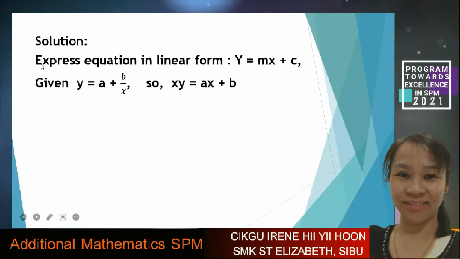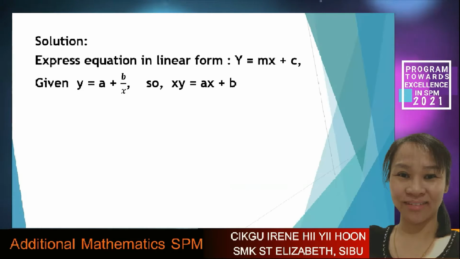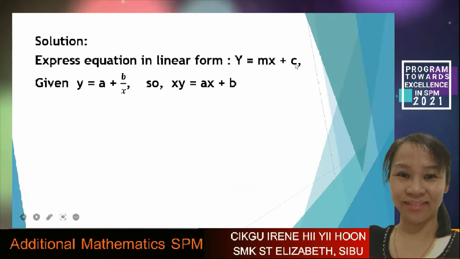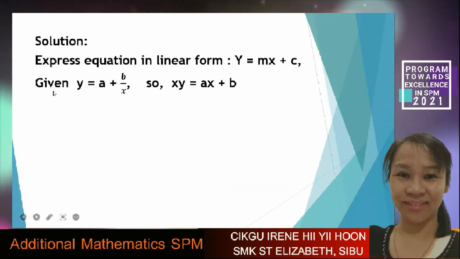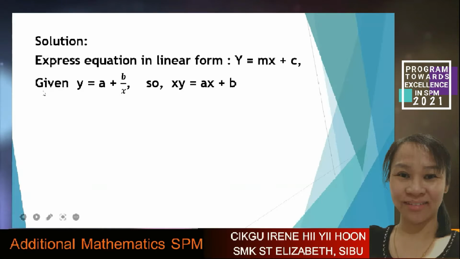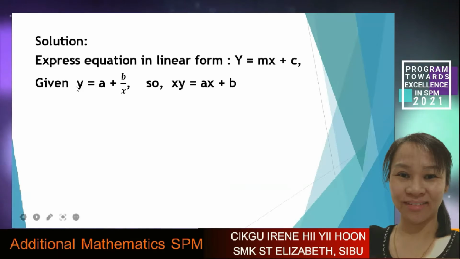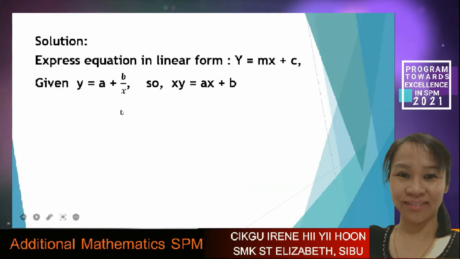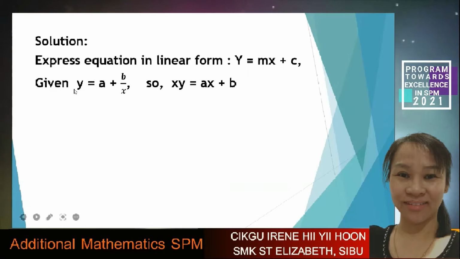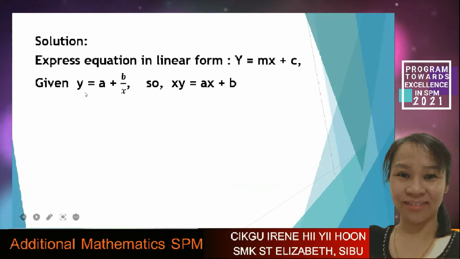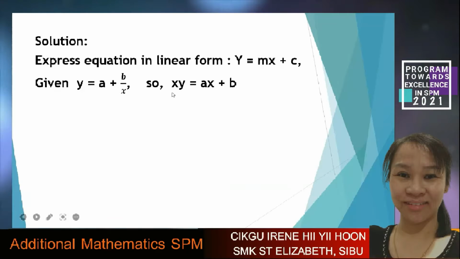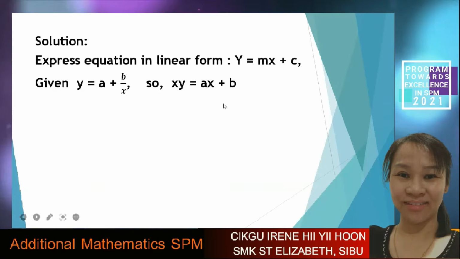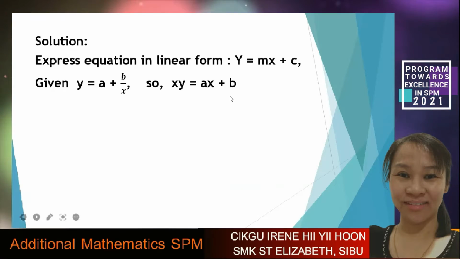At first, we must express the equation in linear form, that is y equals mx plus c. From the question, we can see that y equals a plus b over x. So, by multiplying both sides by the variable x, we will get the linear equation xy equals ax plus b.